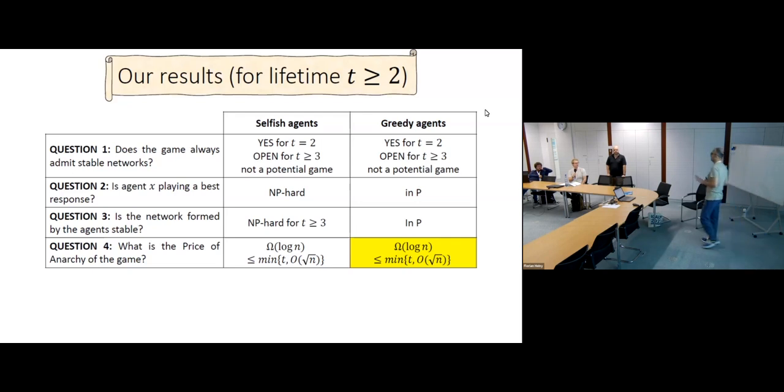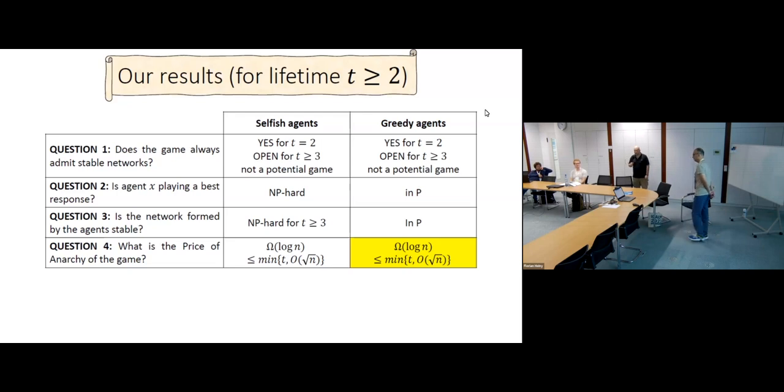We cannot guess how close it is, but we believe that it is probably polylogarithmic in the number of vertices of the graph. At least this is my personal guess. And possibly strictly different from the price of anarchy for greedy agents. That might be. Okay.